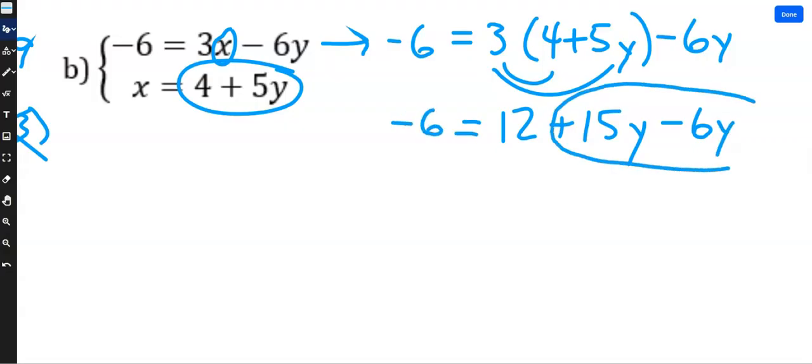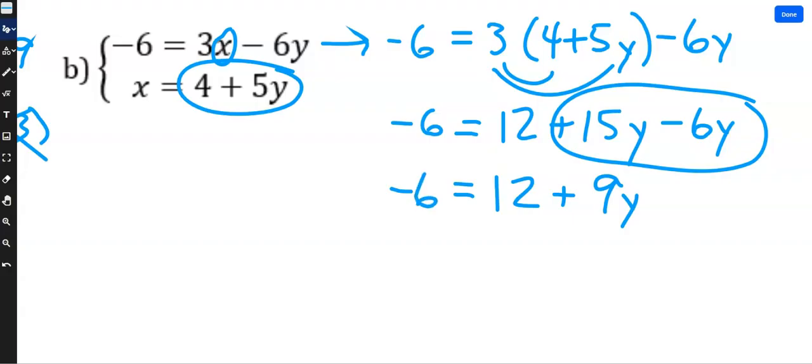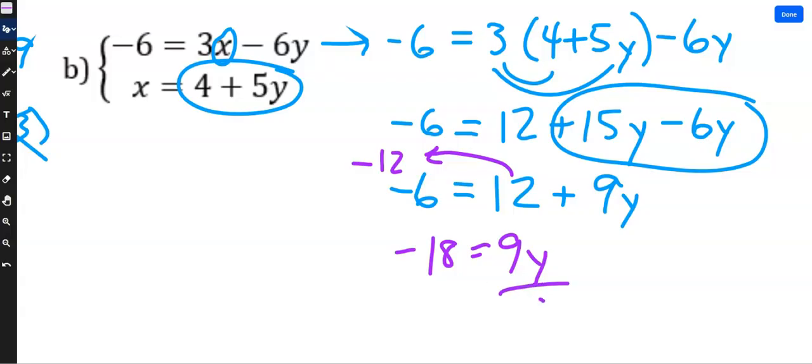Of course, these things over here are 9y, and then we need to move things to the other side, right? So, for instance, the 12 will move to the other side, so I'm going to subtract it, getting negative 18 equals 9y, and then dividing by 9 on both sides. And so we end up with y equal to negative 2.